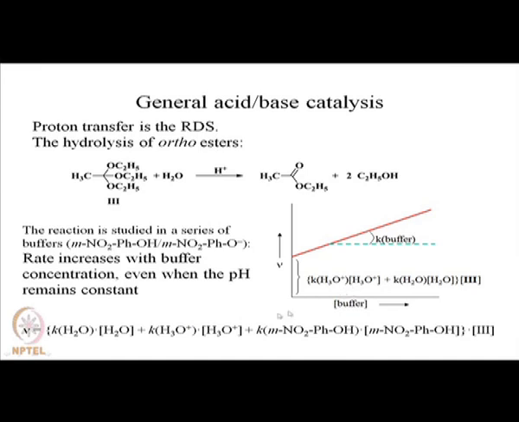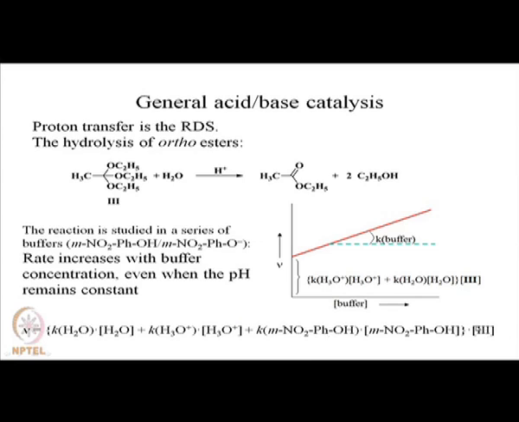So, the rate of reaction is the rate constant for water, then the rate constant for H3O plus, and then the rate constant for the one coming from PhOH, that is phenol, and also the concentration of phenol.